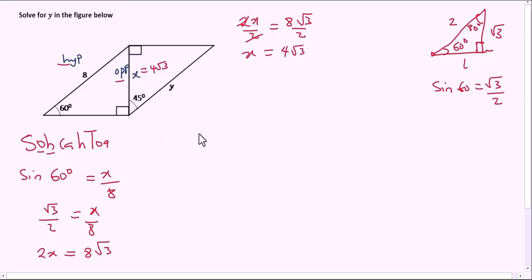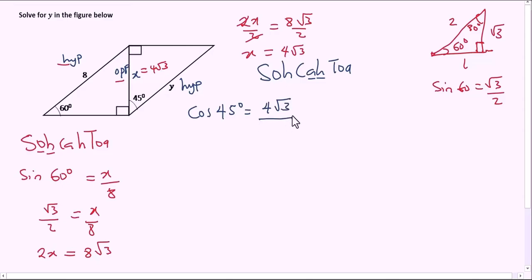So for angle 45 degrees, now we have, this is hypotenuse here, and then we have the adjacent, right? For 45 degrees, we need to understand which of these SOHCAHTOA ratios applies for adjacent and hypotenuse, which is cos, right? So cos 45 degrees is adjacent, which is 4 root 3, like we've solved, over hypotenuse, which is what? y.